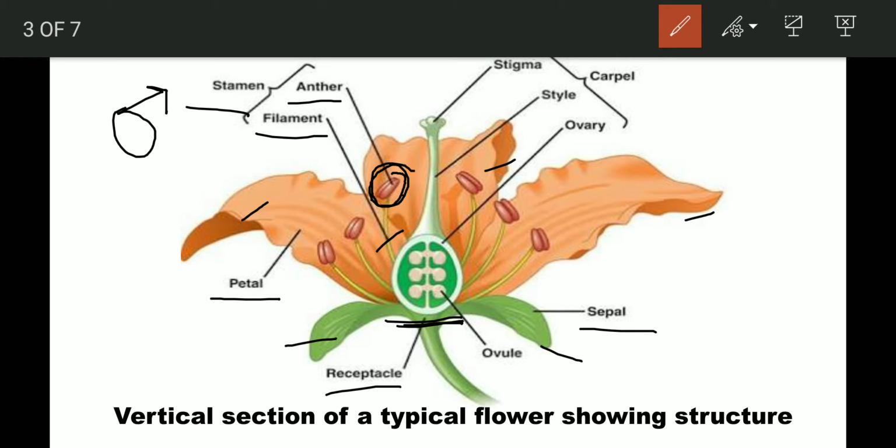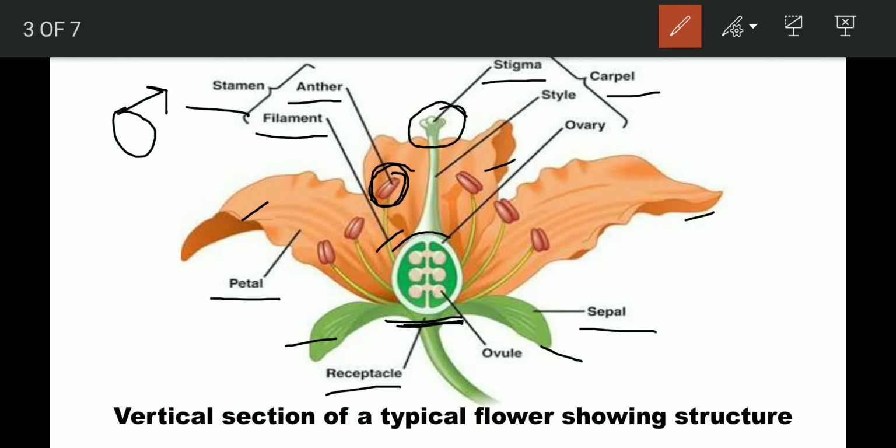And here is the carpel. Carpel is the female reproductive part of the flower, and it consists of three parts. This top receptive spot is called the stigma.